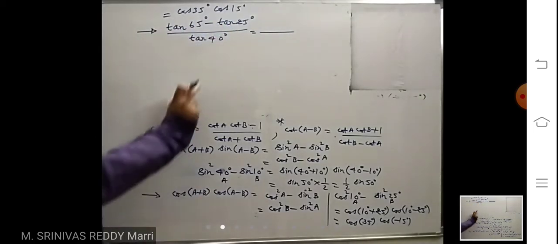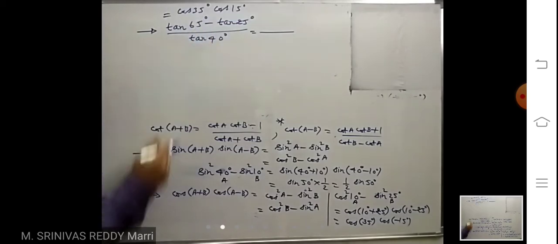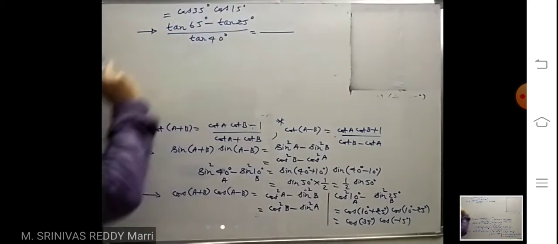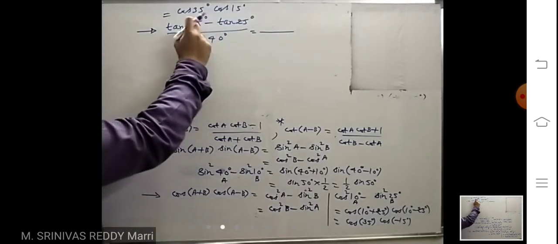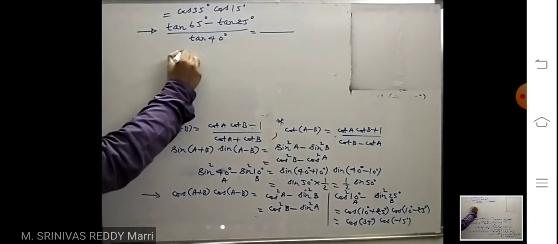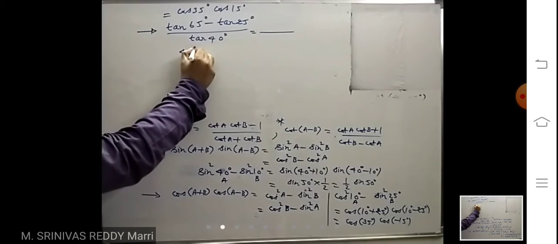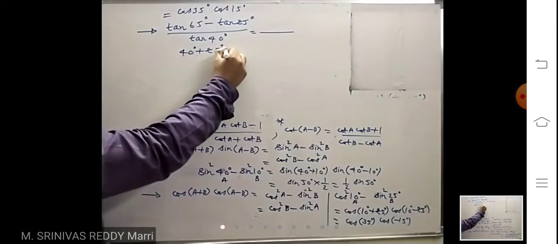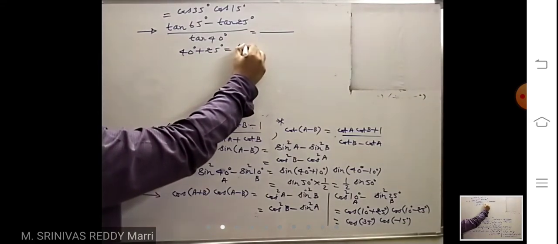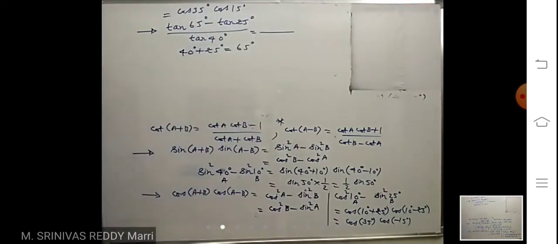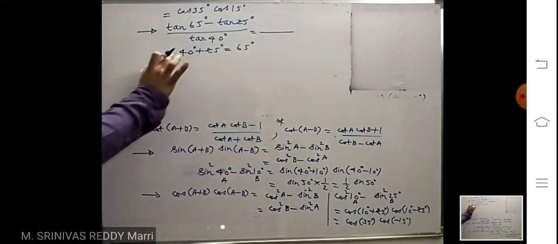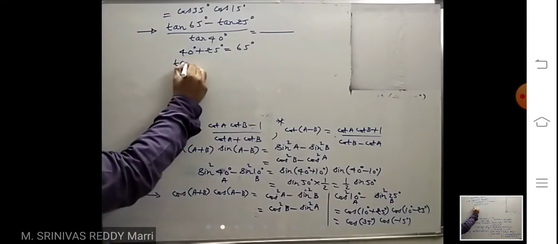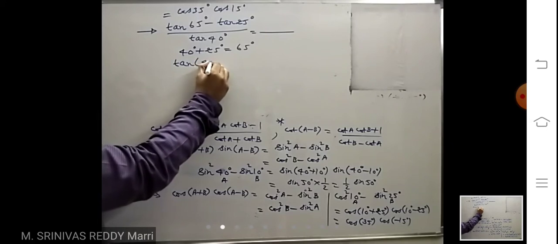We have to observe that the sum of these two angles is this one. First we have to get the idea how these types of problems go. Sum of two angles, you can observe the other angle. So first proceed from there. 25 degree, 40 degree, these two angles' sum is nothing but 65 degree. Now as tan is required, apply tan.